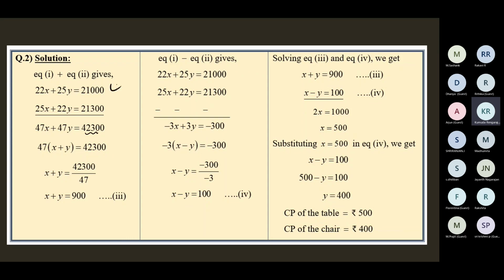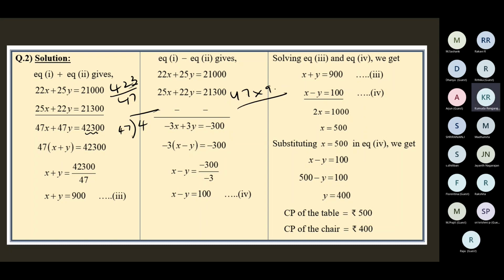You just have to try 423 divided by 47. It ends with 3, right? So 7 9s are 63, 3 carried over, 9 4s are 36, plus 6 is 42. It's just a guess, because you have 47 here and 47 here, so we guess that this should be divisible by 47.